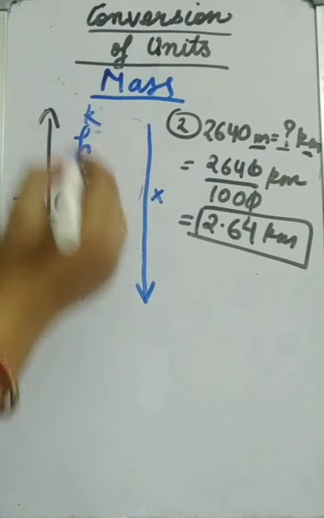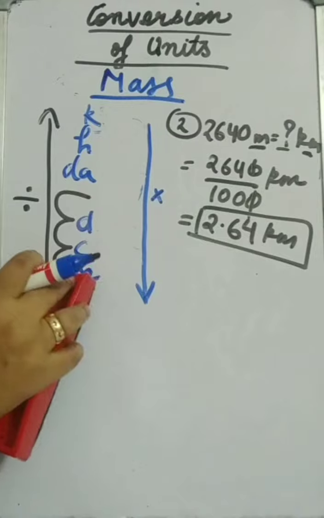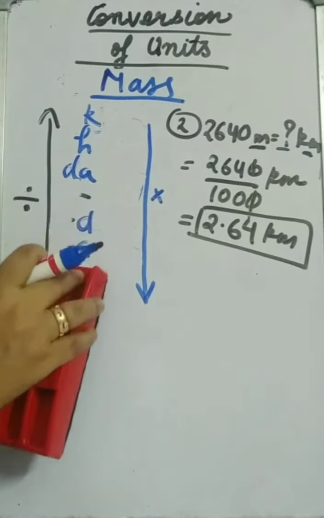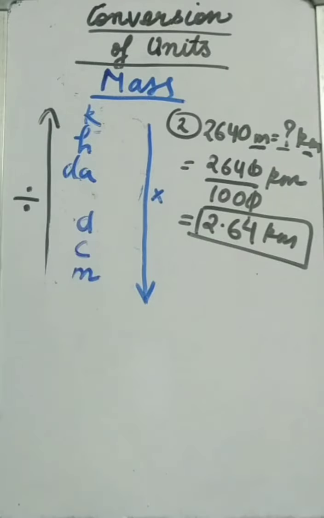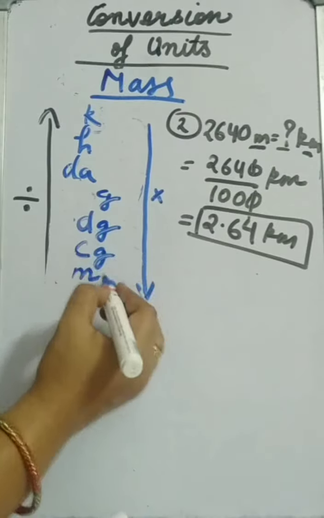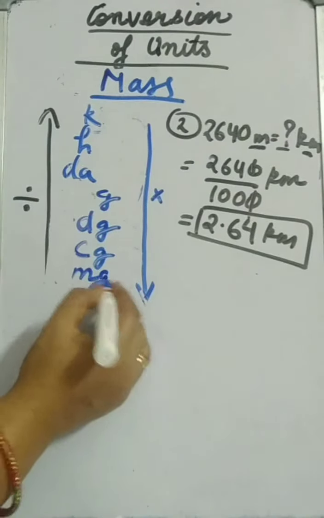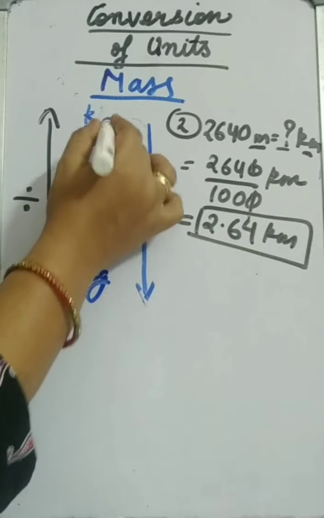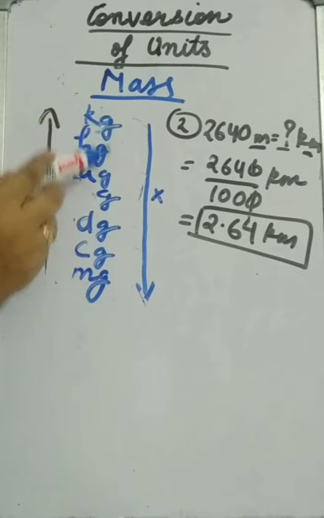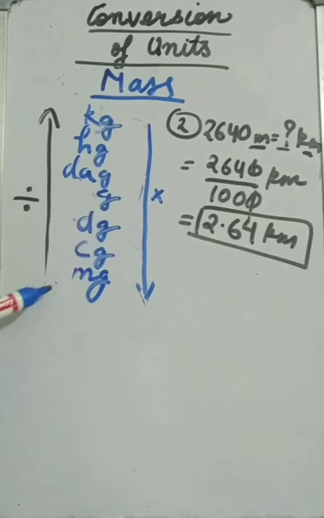For mass, we take G. So we will write G everywhere. For mass, we get grams, kilograms, milligrams. This is what we use. And the rest of the whole process will be the same. When we go down, we will multiply. When we go up, we will divide.